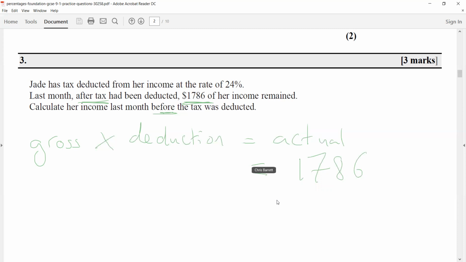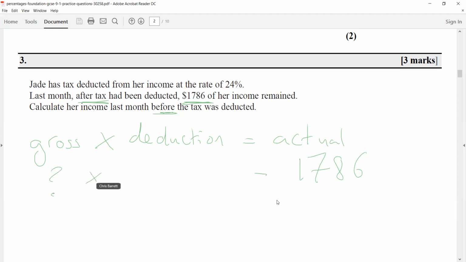We've got to then work out what's happening over here. So we are looking for this gross pay, but we've already got what her actual money is. So actually this formula here means that we're going to have to do the inverse of that to be able to work out. So if we go back a step or two and we just take out these squiggly lines, if we know we've got to work out that gross pay, the first thing I'm going to be thinking about is this deduction.